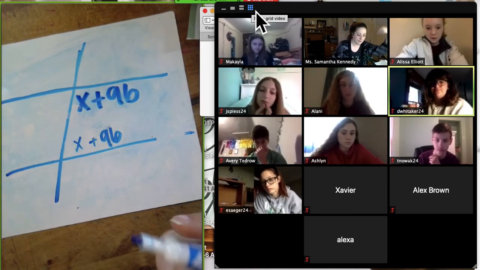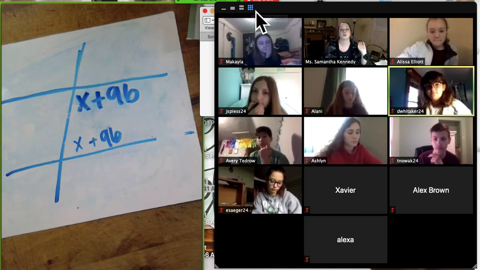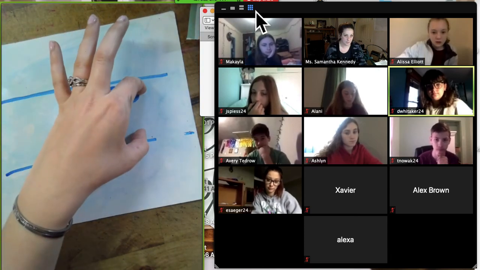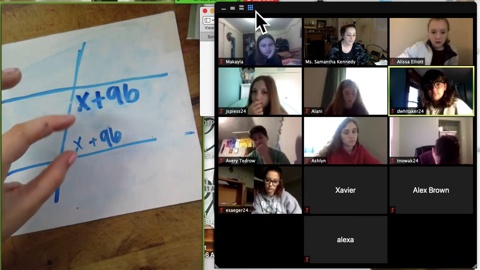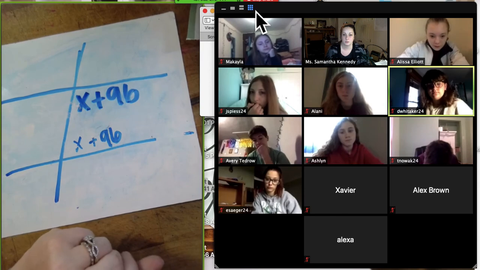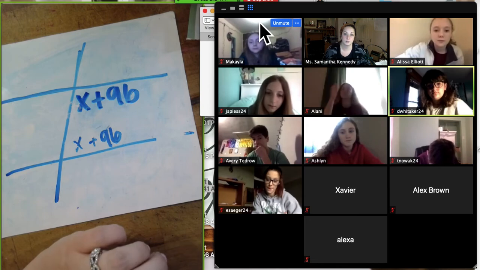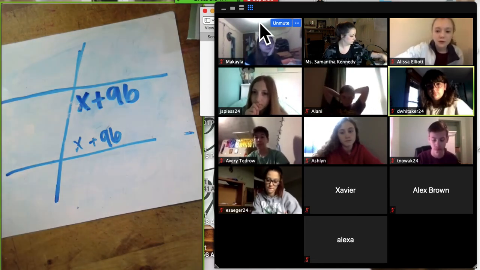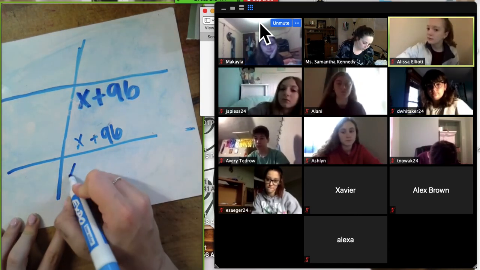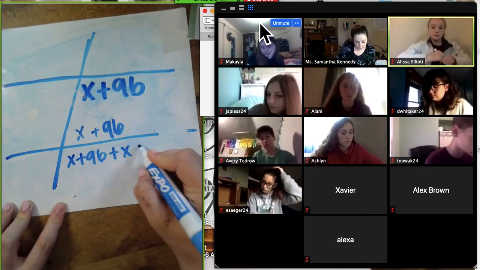So we know same side interior are going to be what? Supplementary or congruent? Now, don't get distracted by the fact that these are the exact same thing. But are same side interior angles supplementary or congruent? Anybody can answer. Supplementary. Very good. So in order to solve for x, we're going to do x plus 96 plus x plus 96 equals 180.